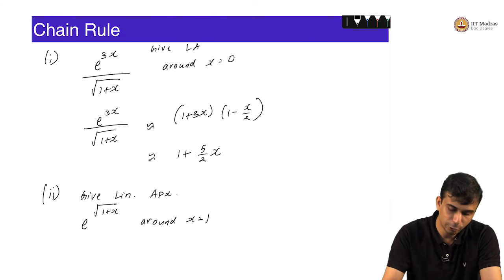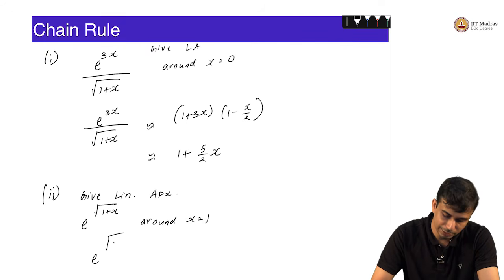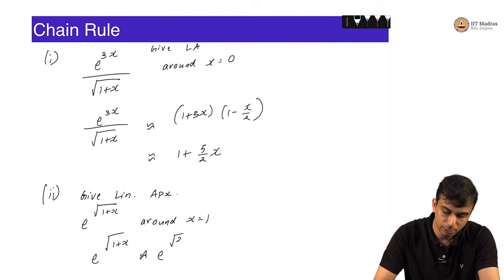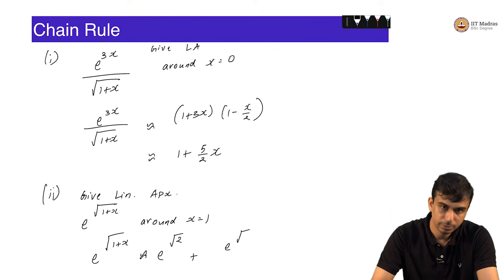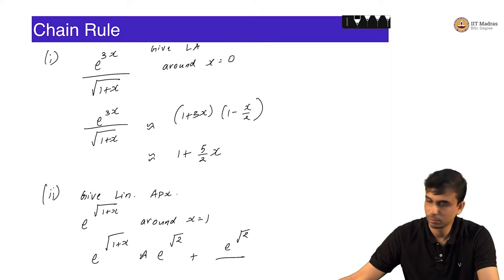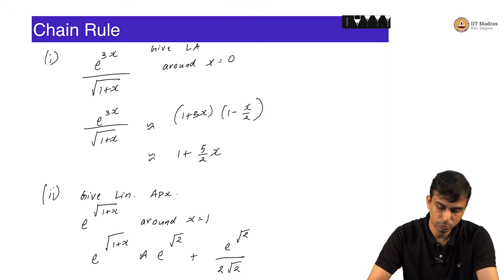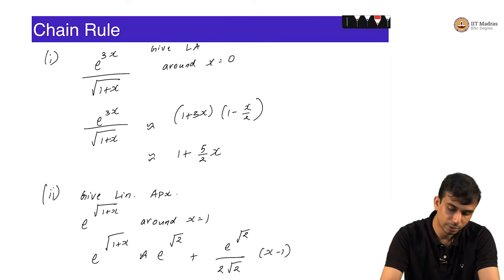Either way, what you would get is, and this is an exercise for you, e power square root of 1 plus x is approximately equal to e power square root of 2 plus e power square root of 2 by 2 root 2 into x minus 1.